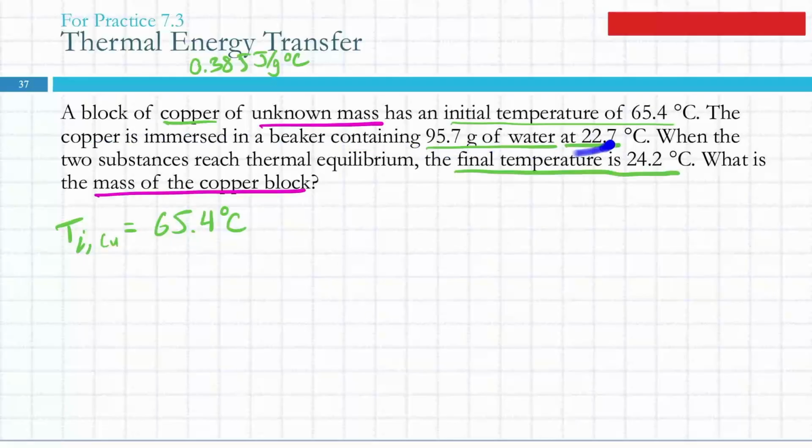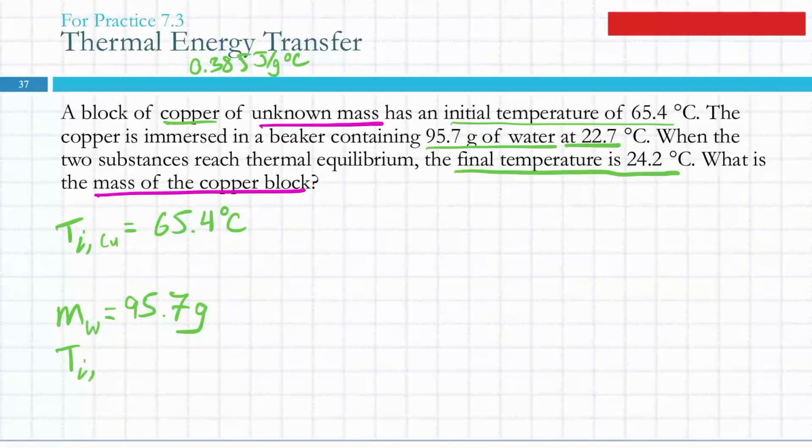The copper is put into a beaker. It's got some water. I'm going to write m_W, mass water, 95.7 grams. It's also got an initial temperature.